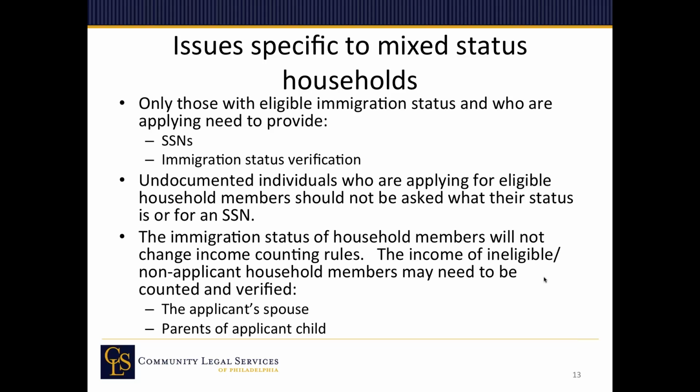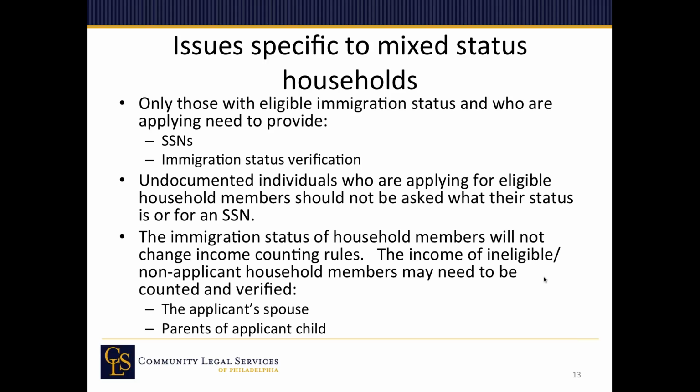So mixed status households are confronted with a special mix of barriers. And we've said this already, but I'll say it again. Only those people in a mixed status household with eligible immigration status and who are applying need to provide Social Security numbers or immigration status verification.